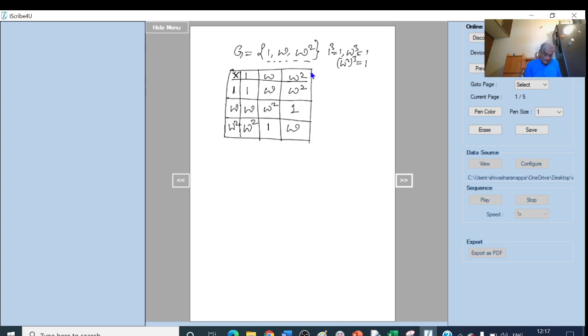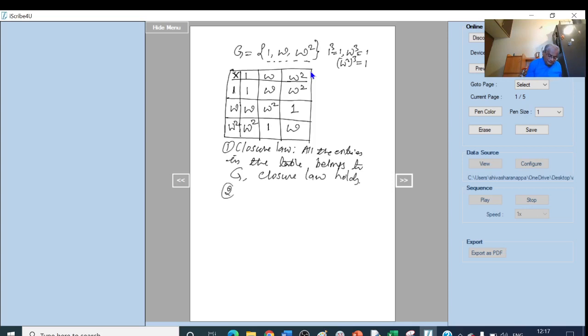So for that, you just have to write here. Number 1, closure law. All the entries in the table belong to G. Closure law satisfied or holds.